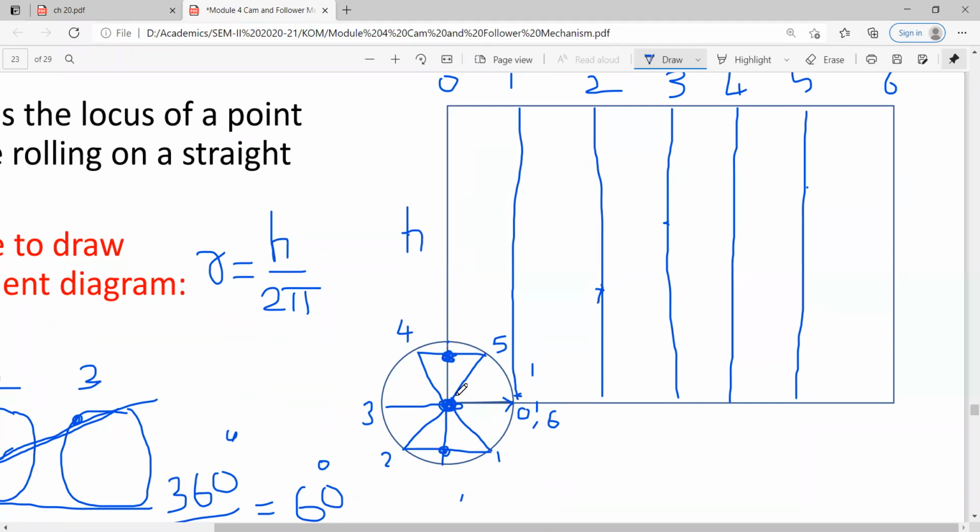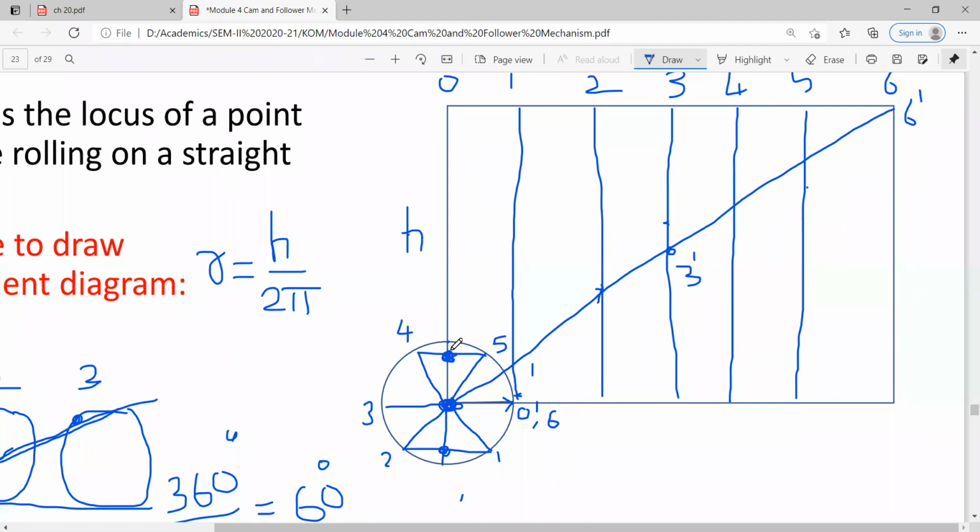Okay, now what you have to do, first you join the diagonal of the rectangle. Now at this point, which points are there? 0, 3 and 6. So at 0 the line is cutting here only. At point 3 where this vertical line is cut, that is 3 dash, and point 6 is also there, so here you will get the point 6 dash.